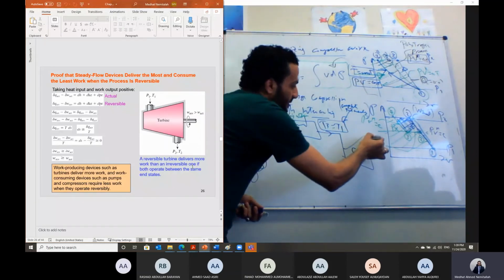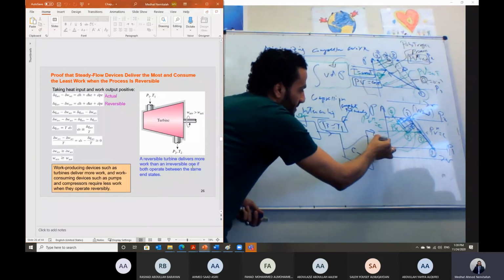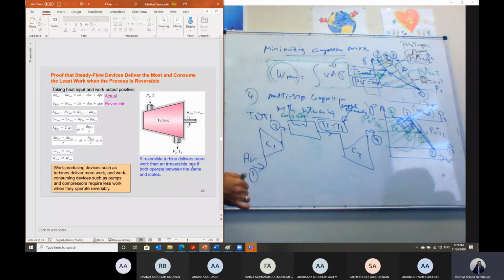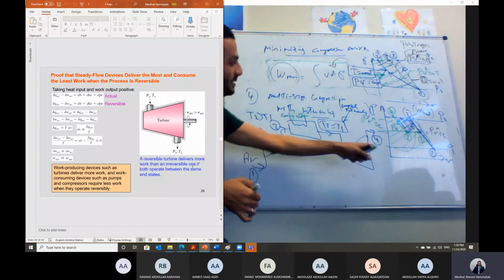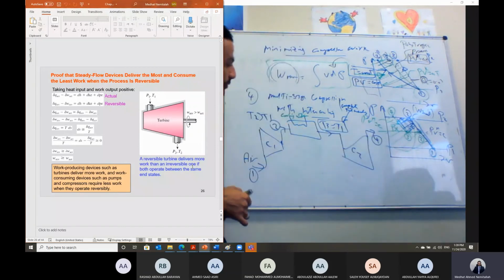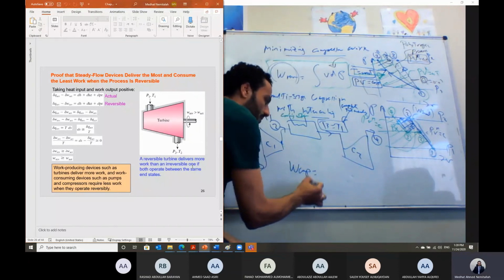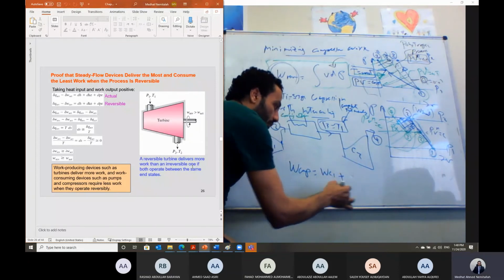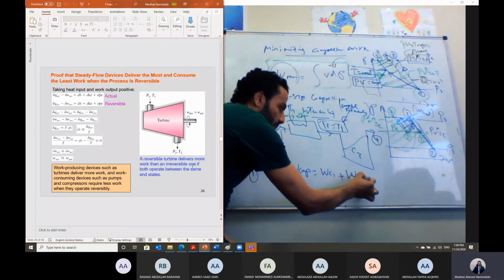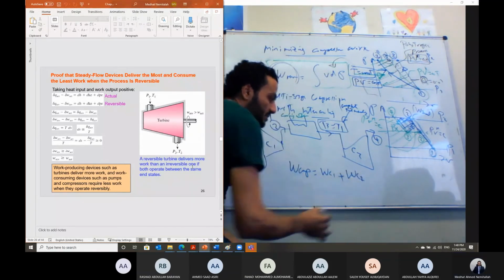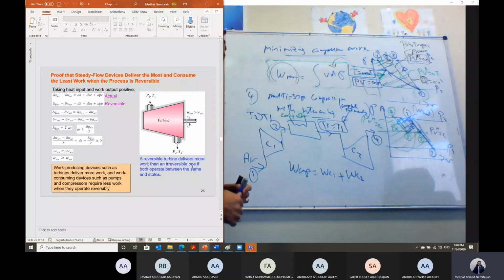Then it will be compressed and the gases will be leaving at state number 4. And this is the representation 1, 2, 3 to 4. But the compressor work in this case, Shabab, will be what? The work of compressor 1 plus the work of compressor 2. Is it, Shabab?